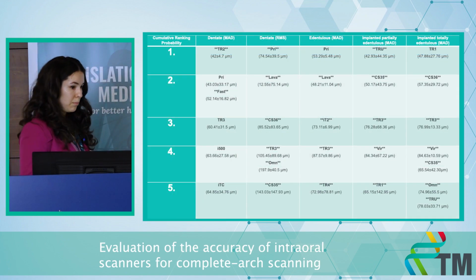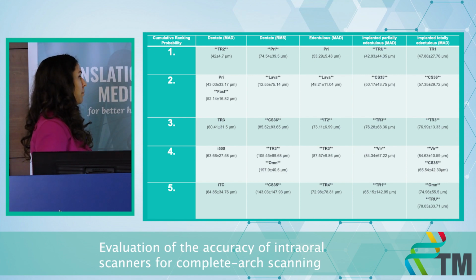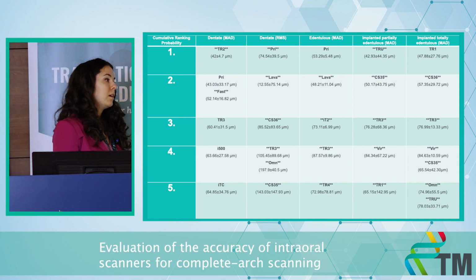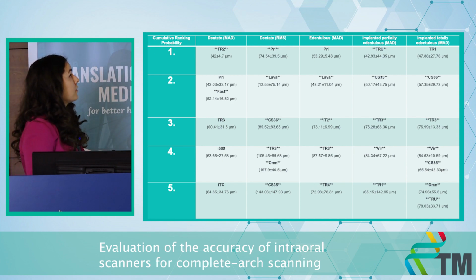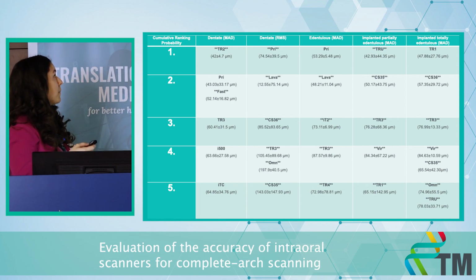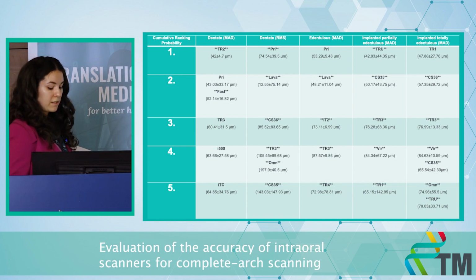Also, there is another table showing the cumulative ranking of the probability, because the network analysis is very good for making a ranking order of the investigated IOS in this case. And also we can see the different arches with the data of the different IOS.